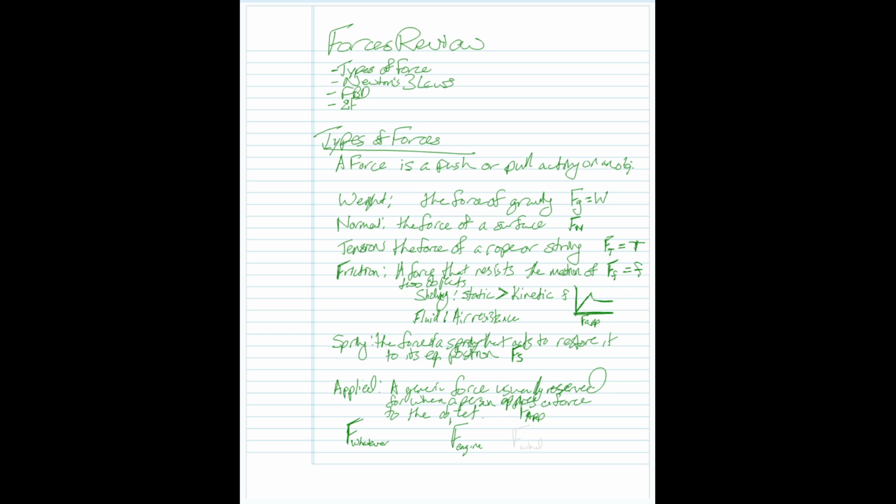Or if you're not sure what to call the force from wind pushing on a sailboat, you could call it F sub wind. Just use your subscript to be descriptive of whatever it is you're trying to describe the force of.